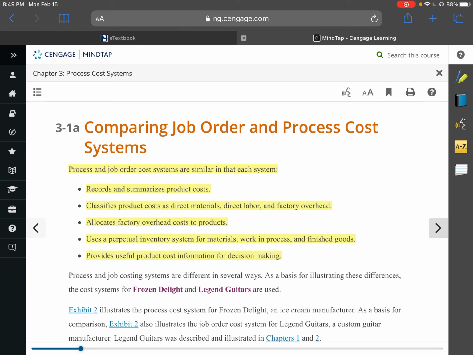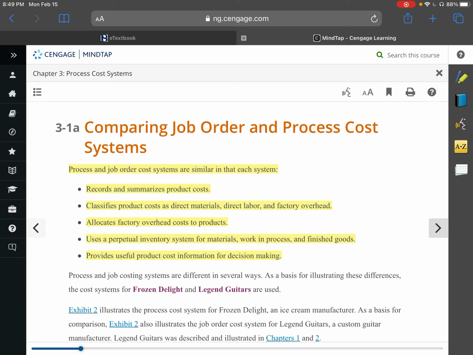Okay, the end goal is the same, which is to record and summarize product cost. They both have the same types of cost: direct materials, direct labor, factory overhead. Both systems, process and job costing, are going to allocate factory overhead to the end products. They're both going to use a perpetual inventory system for materials, work in process, and finished goods.